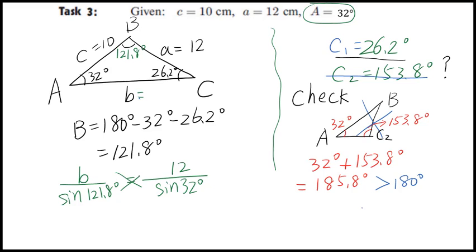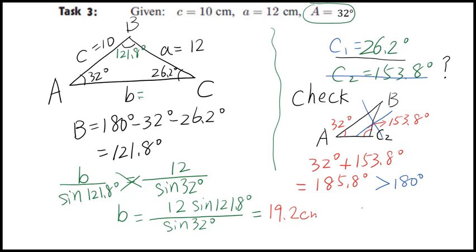Then you cross multiply. Your B equals, your denominator will be sine 32 degree. Top will be 12 times sine 121.8 degree equals. Your answer will be 19.2 centimeters for B.